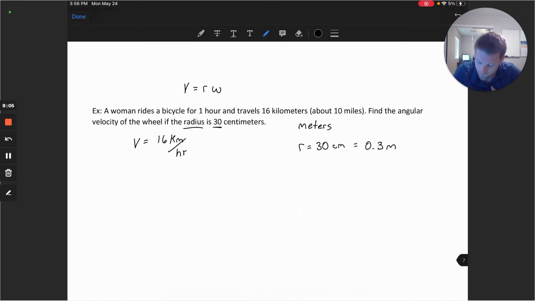And if I wanted to convert my speed here, the velocity, to meters, I'll just do a conversion real quick. We know that 1 kilometer is equal to 1,000 meters. And so we can say that 16,000 meters divided by 1 hour.